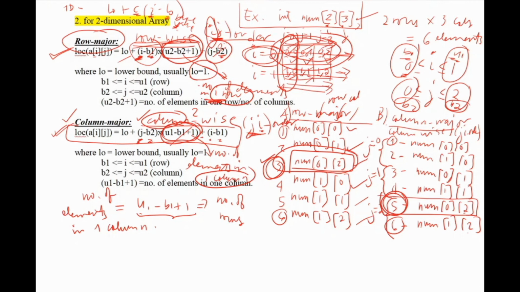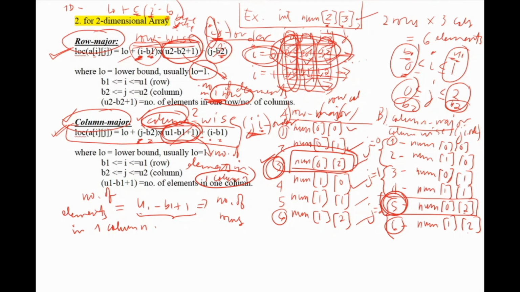And the second is called column major. This is considering the column as our primary reference. And we call this also JI order. And this is simply taking one column at a time and listing all the elements there from top to bottom, and then going to the next column, listing the elements from top to bottom, and the next column until you reach the last column.